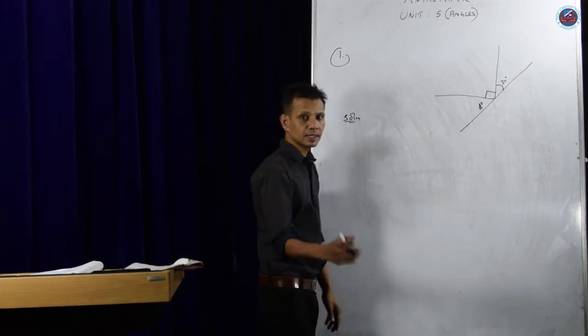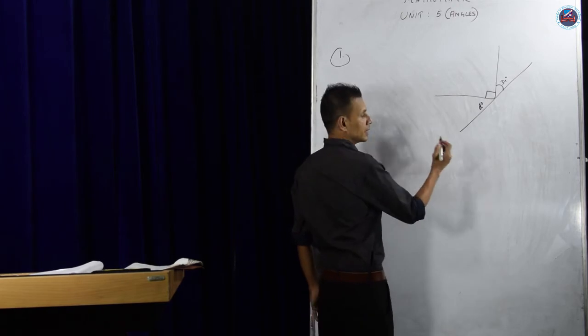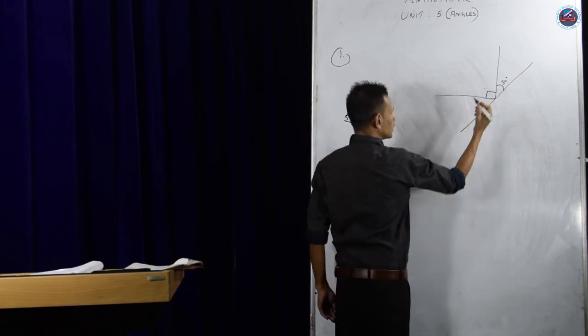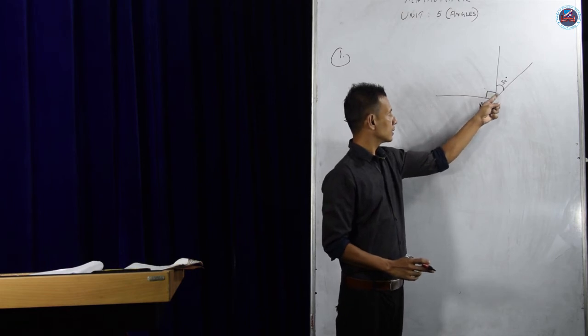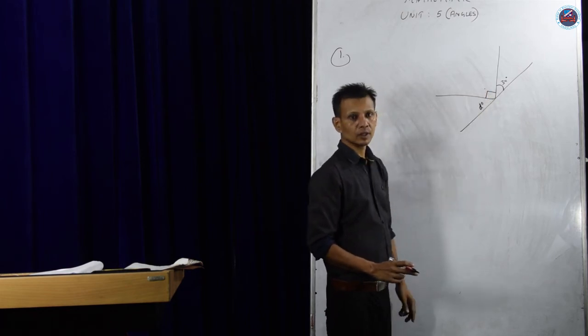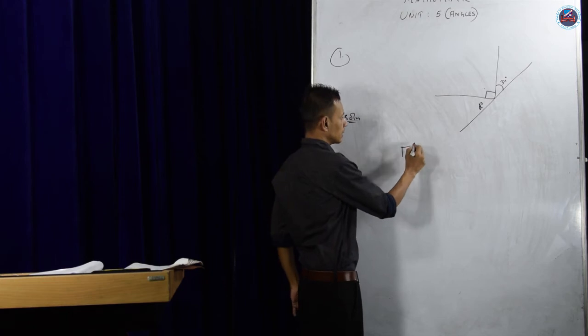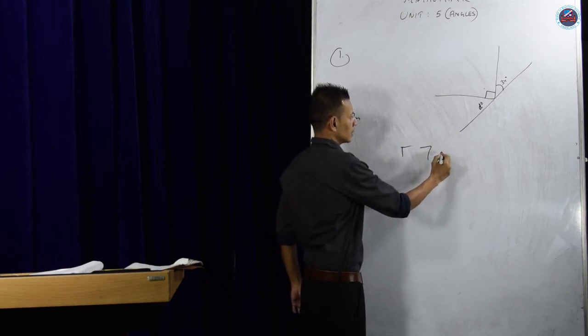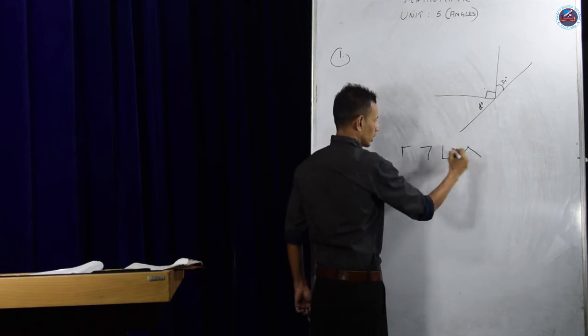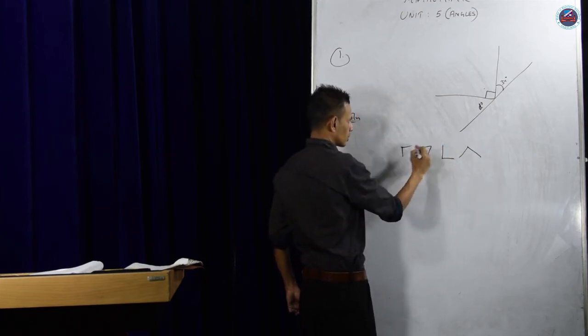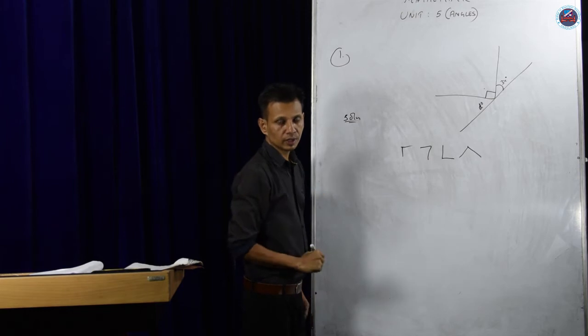Anybody has any idea? I have explained it to you. It's 90 there. How did you know? See the angles indicated. I told you, when it is like this, or like this, or even like this, straight, straight, straight, they are 90 degrees.